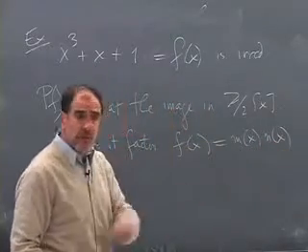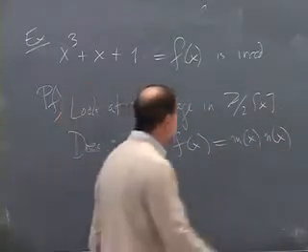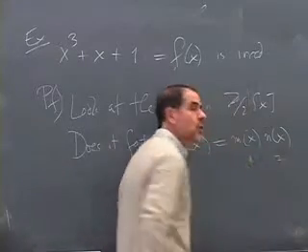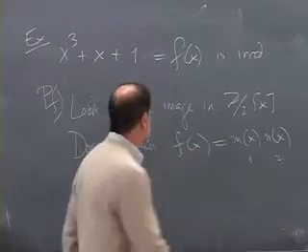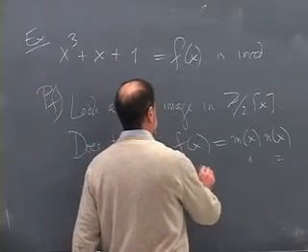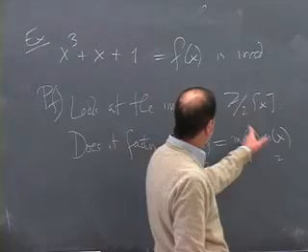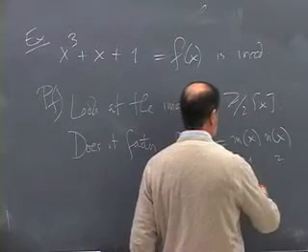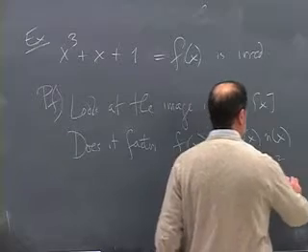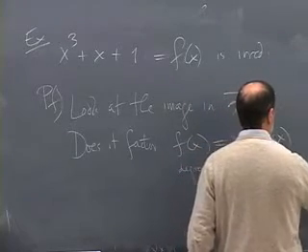If I had a non-trivial factorization, one of these things would have degree 1, one would have degree 2. I mean, they have to add up to degree 3. So if it factored in Z mod 2 of x, one of these would be of degree 1, so it would look like x plus a, and then the other would be x squared plus bx plus c.